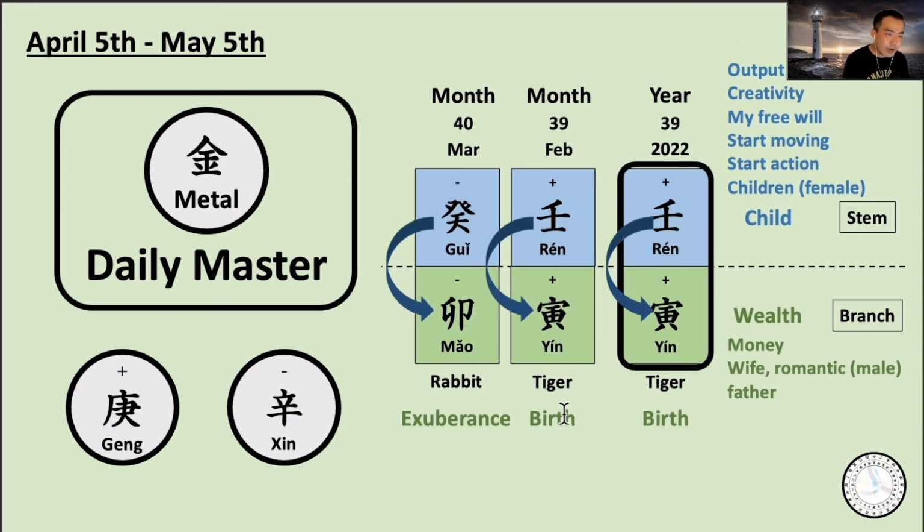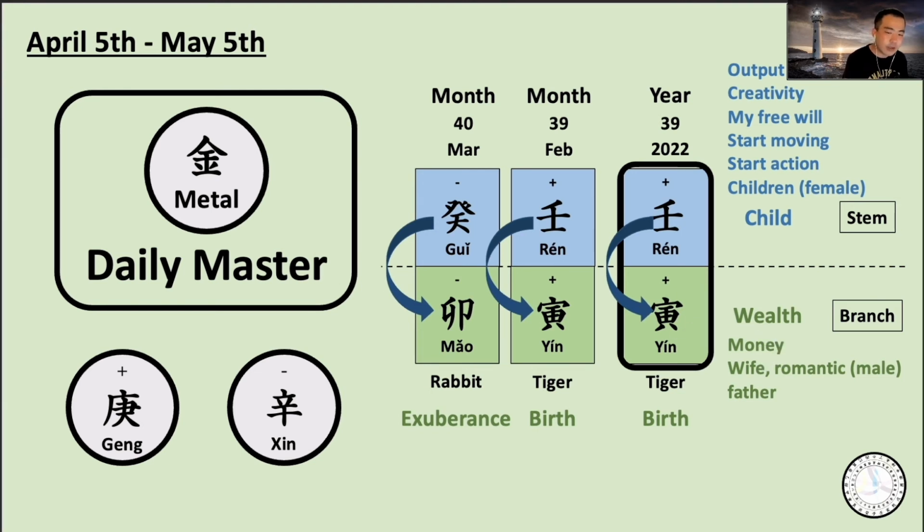If the metal daily master is already married, that person might want to give more of my love to my wife. I said the child spirit is all about being flexible, opening my mind to other people, giving love to my wealth. So it could be money or my romantic relationship.